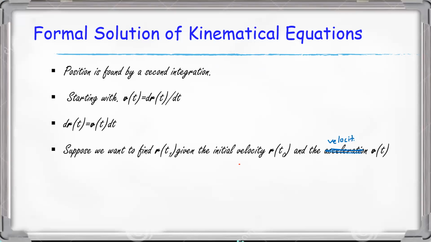Here we write the expression for velocity. So we know the velocity v(t). Then as we did previously, we have to take the integral on both sides from t0 to t1.